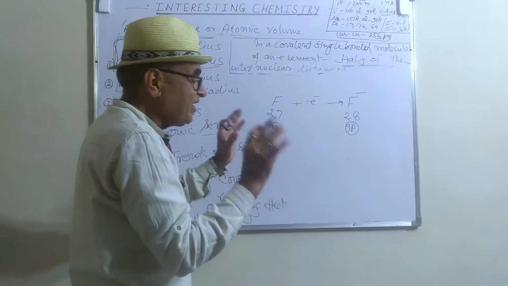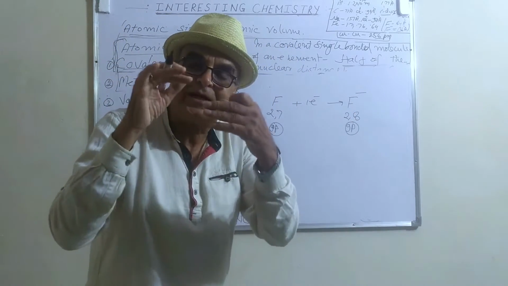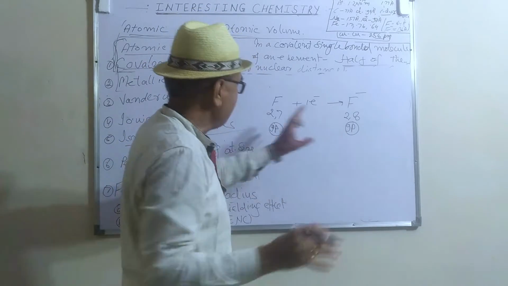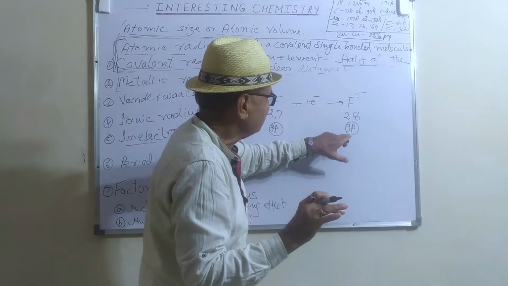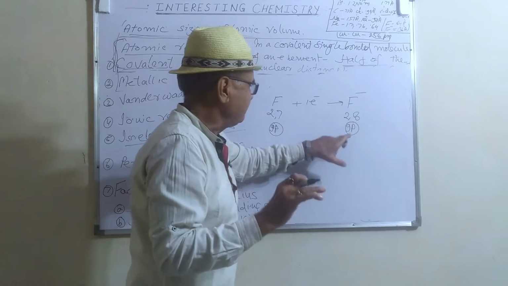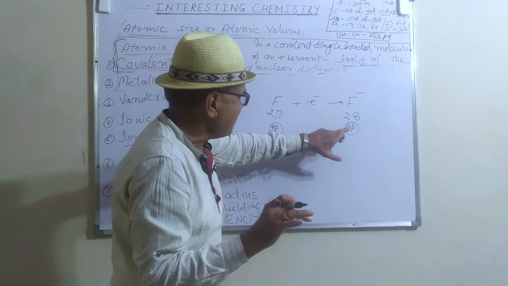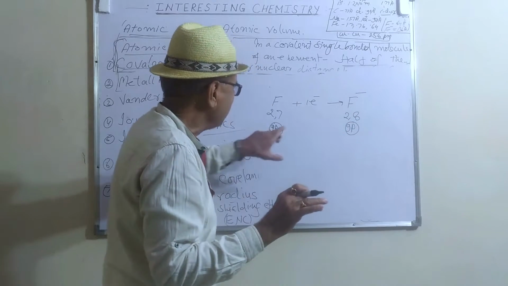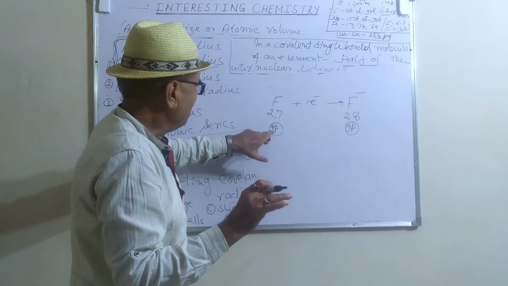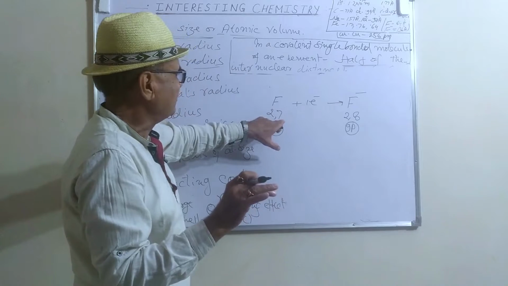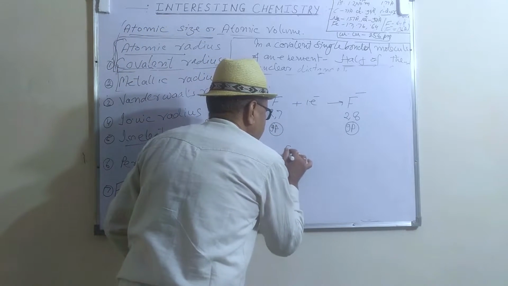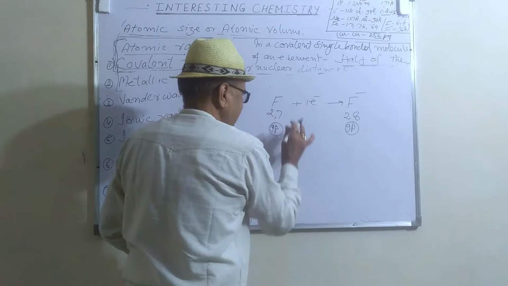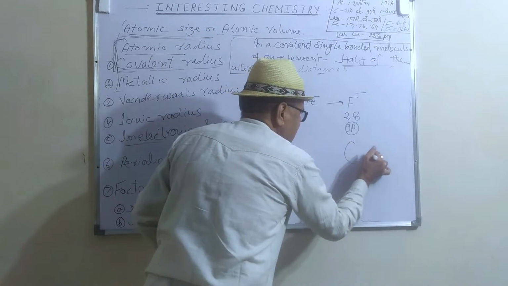Now think about the effective nuclear charge. In the atom, 9 protons have to attract 9 electrons, and in the ion, 9 protons have to attract 10 electrons. Here 10 electrons, here 9 electrons. So the effective nuclear charge per electron will decrease and the size of the fluorine ion will increase.